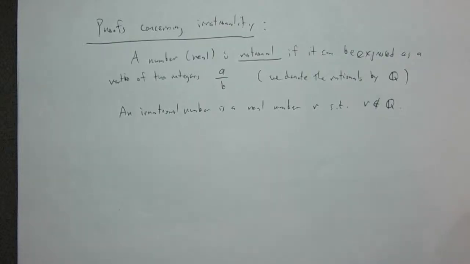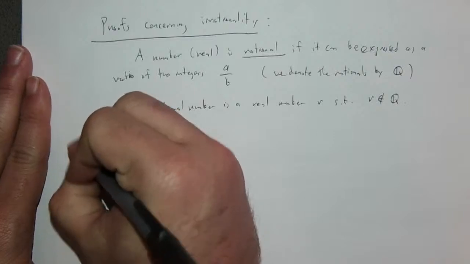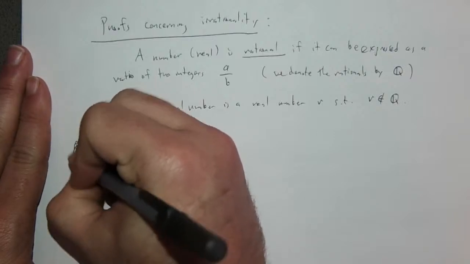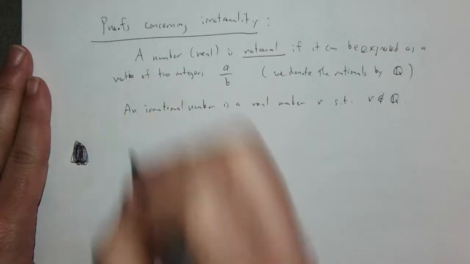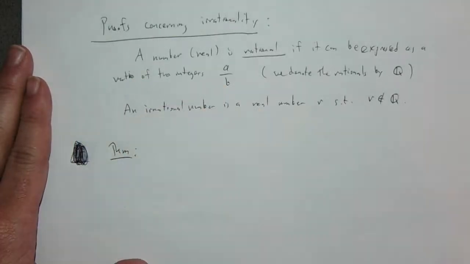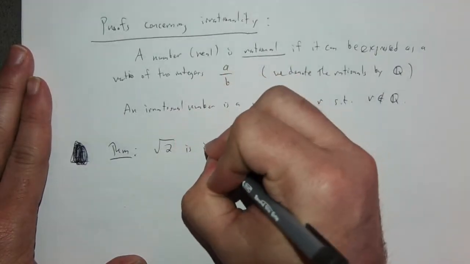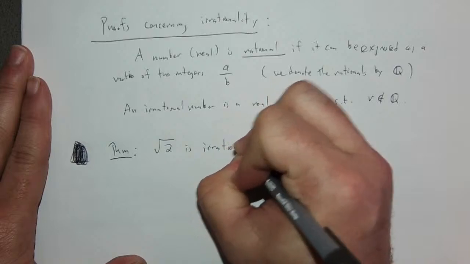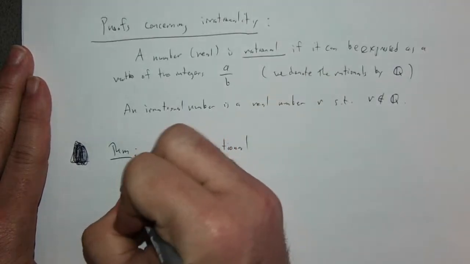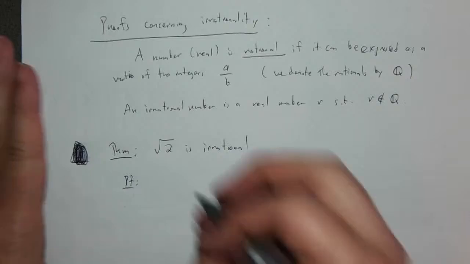So the absolute classic proof, which I'll repeat here for completion's sake. Here's the theorem. Square root of 2 is irrational. You already know this proof probably by heart at this point, but just in case you don't, here's a quick refresher.